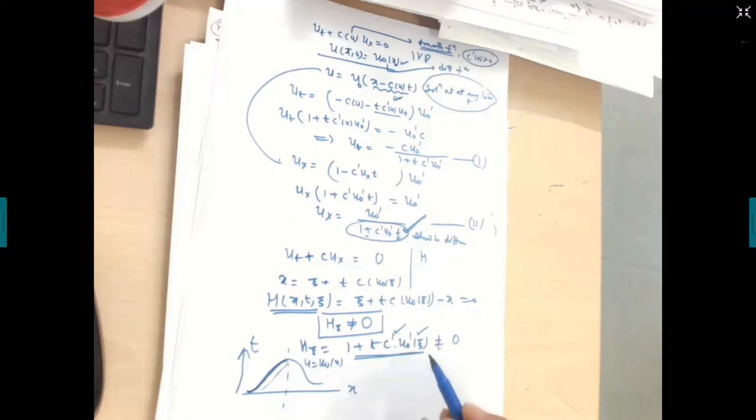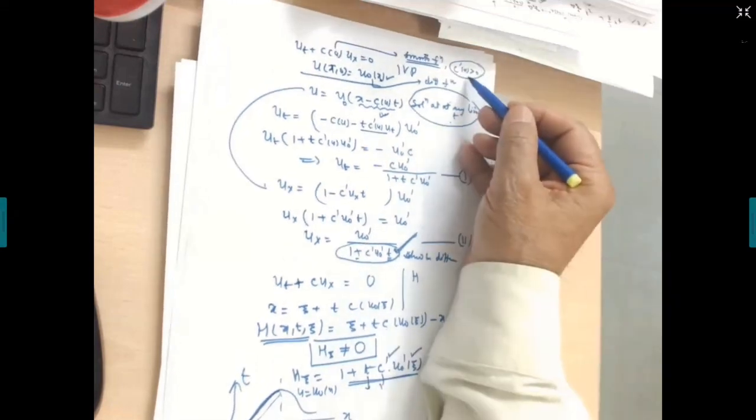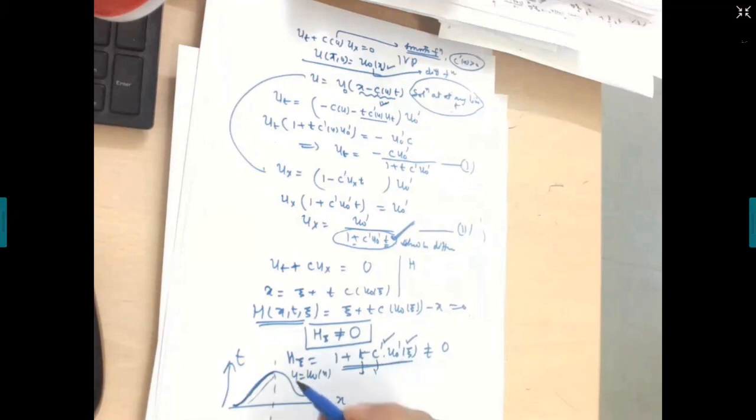But it can vanish. t is positive, c dash I have taken to be positive, but on this part of the profile u naught dash will be negative, as the slope is negative. So if it is monotonic decreasing, any point on such a profile can make this function turn out to be 0. Then we have to see what happens to the solution.